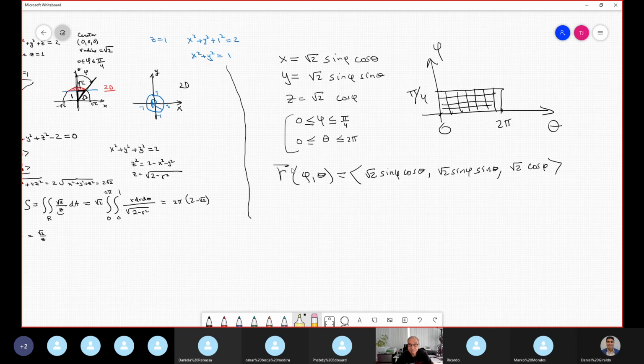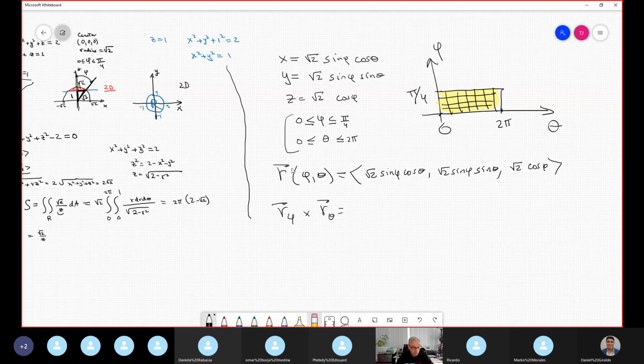Okay. What should I do now? Well, partial derivative of the vector valued function with respect to phi. Partial derivative with respect to theta, and you perform the cross product.